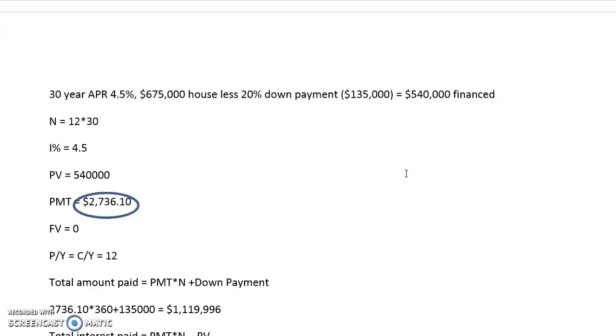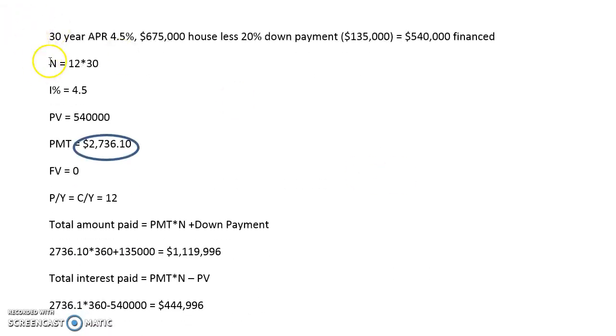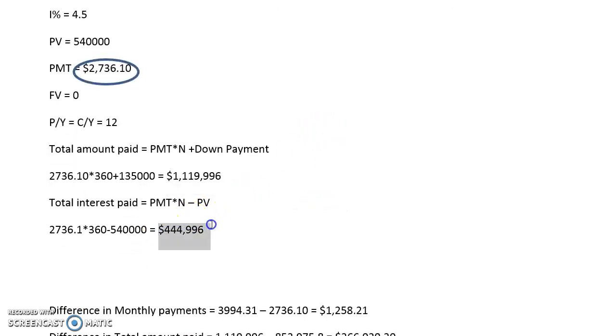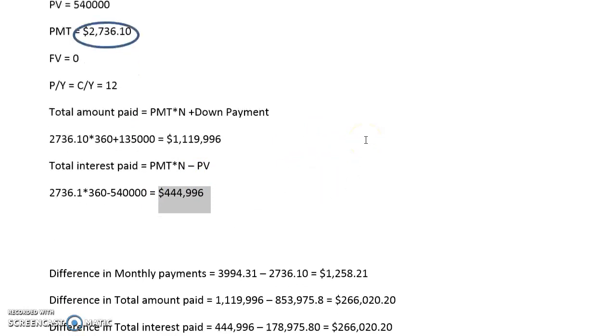I also showed the calculation for my 30-year payment, and it came out to be $2,736.10, and the total amount paid on that loan is $1,119,996, where $444,996 of that is interest.